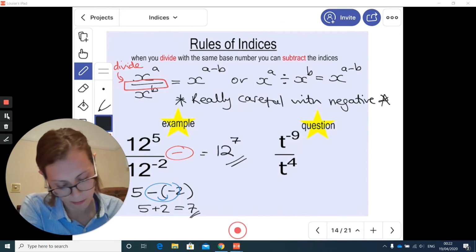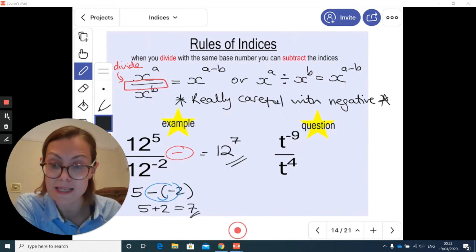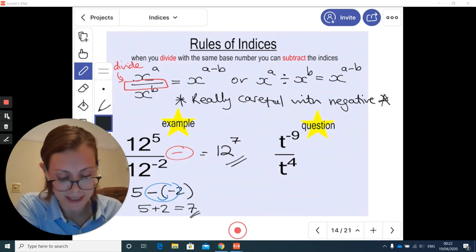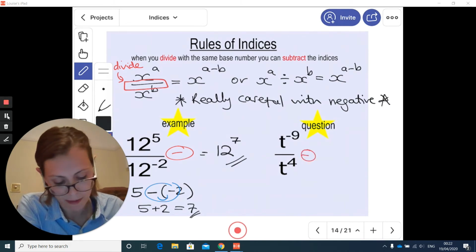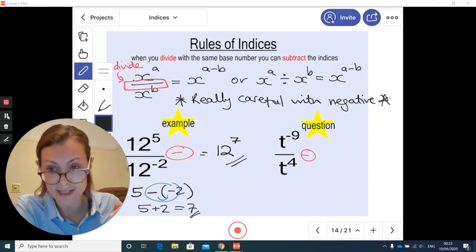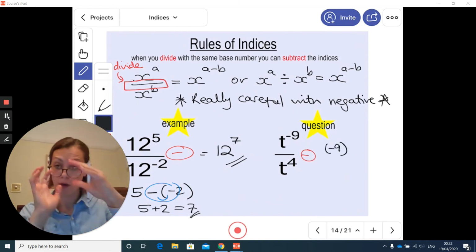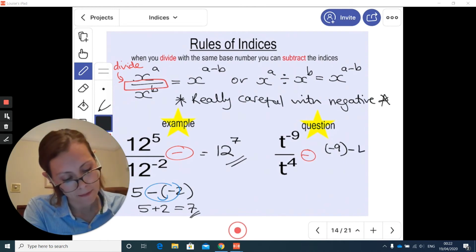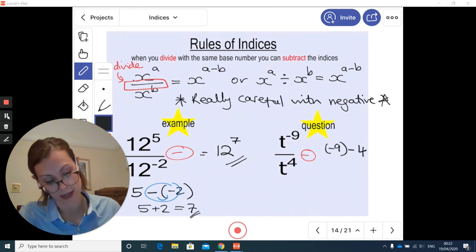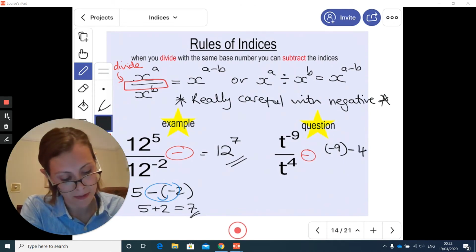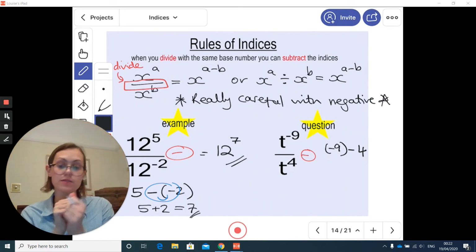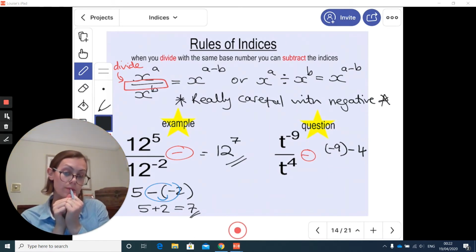Okay, let's look at one more question. So again, t to the minus 9 divided by t to the 4. So I'm subtracting the powers. Don't do this in your head. Write it out. You've got minus 9 minus the 4. And what's important here, you start with the minus 9 minus the 4. So this time, the signs aren't changing. So they're not going to disappear. They're not going to become a plus.